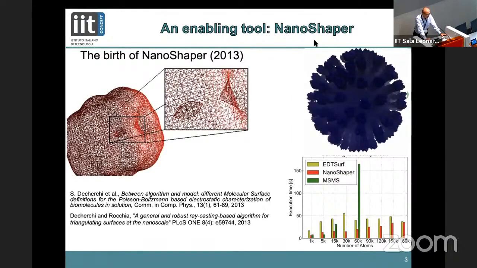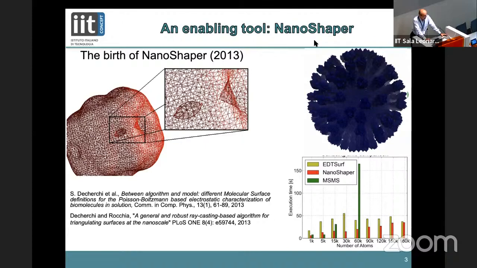Before doing this, I have to mention NanoShaper, which has been instrumental in all of our approaches. The NanoShaper tool was created in 2013 with the aim of complementing Poisson-Boltzmann solvers in order to have a better and more reliable mapping of the dielectric constant in and out of a protein molecular structure, and also to understand why the surface area of the solvent excluded surface was apparently not continuous with respect to the position of the atoms.